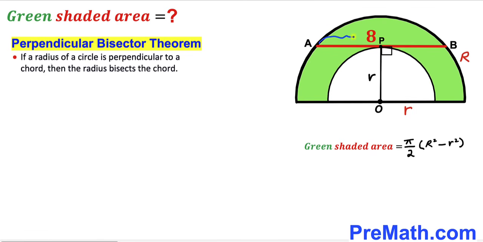This AP segment is going to be equal to this BP segment. Since these two segments are equal, AP, being half of 8, is going to be 4, and the other segment BP is going to be 4 units as well.